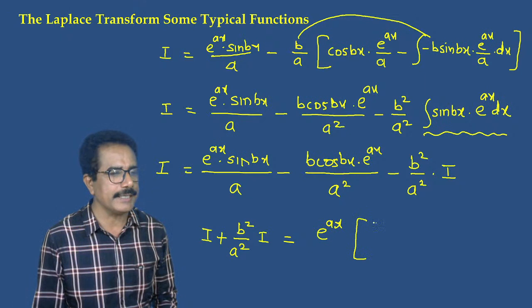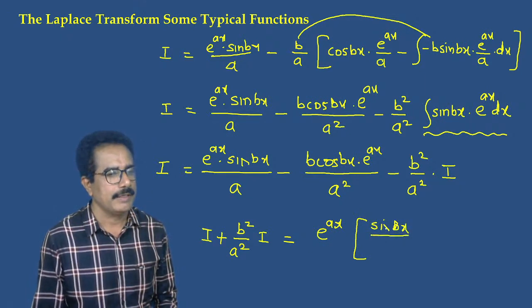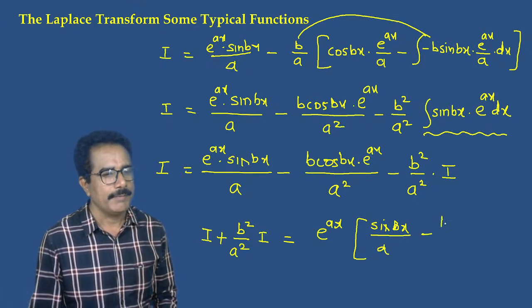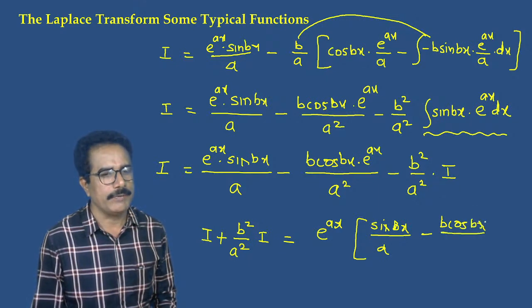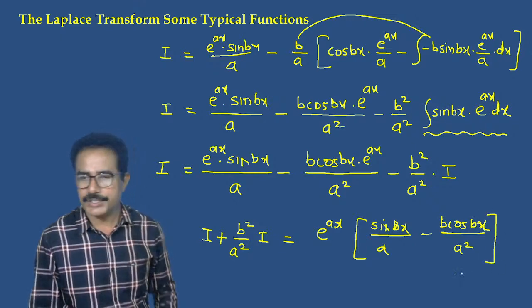So the remaining term is sin bx divided by a minus b cos bx divided by a square. Is it okay?